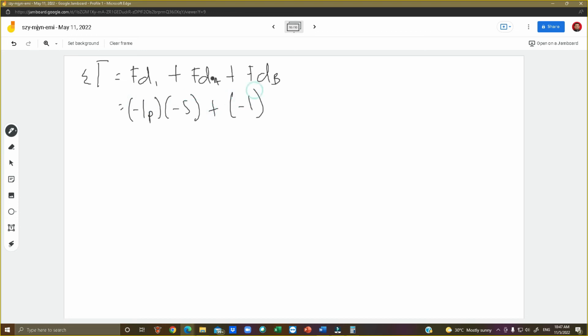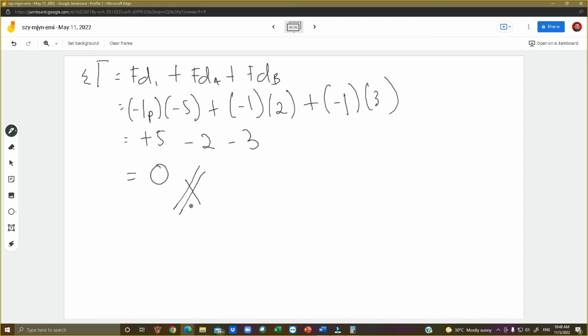Negatif 1 penny. D dia 2. Tambah negatif 1 penny. D dia 3. So we have here plus 5 minus 2 minus 3. You have 0. So the system does not have any torque. The system is balanced. Dapat?